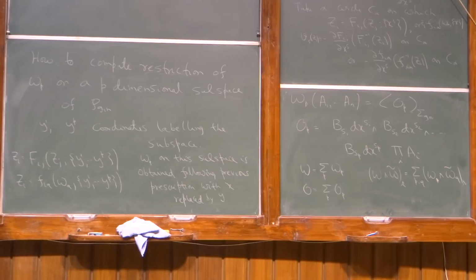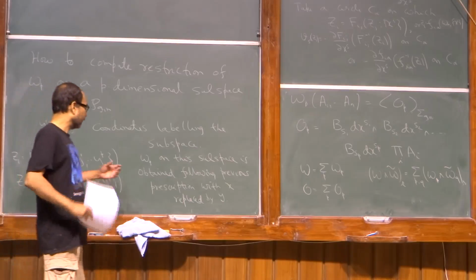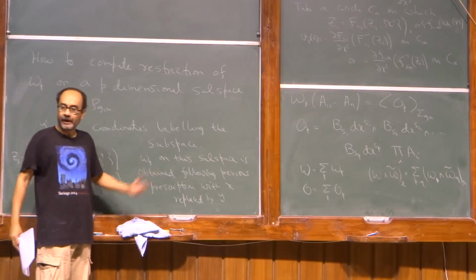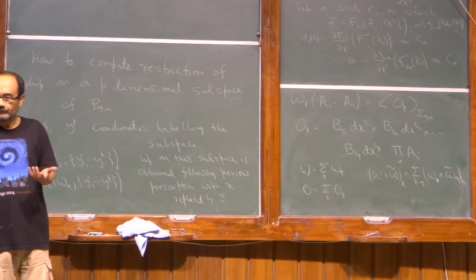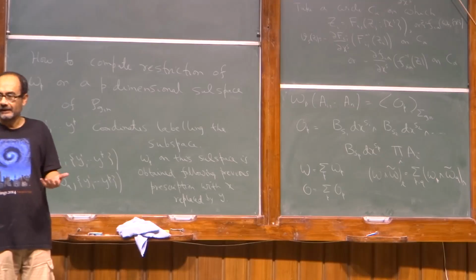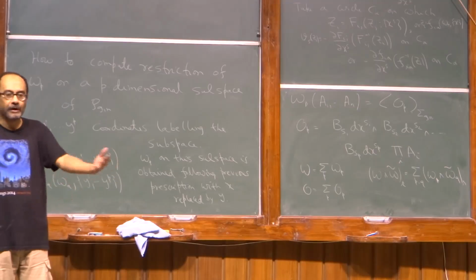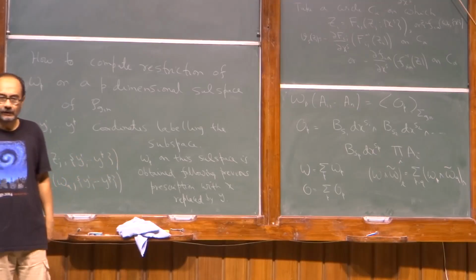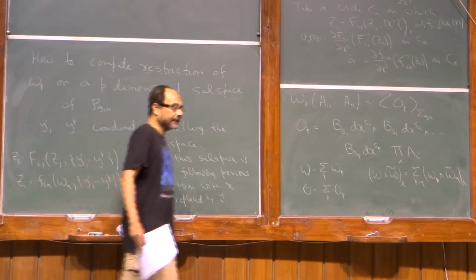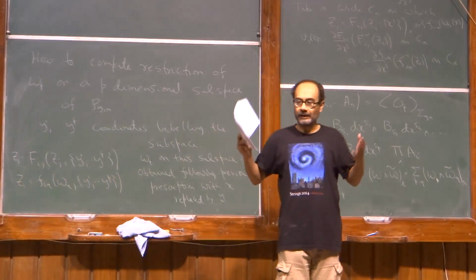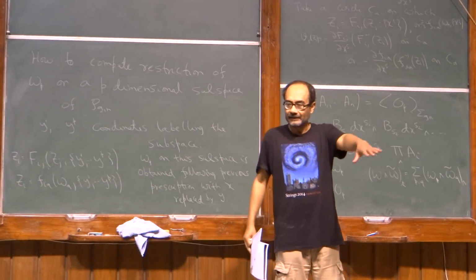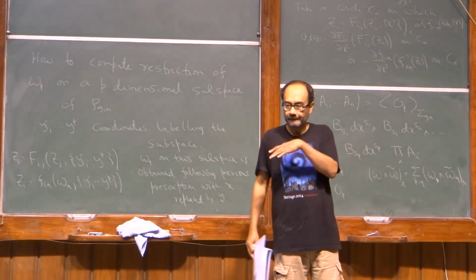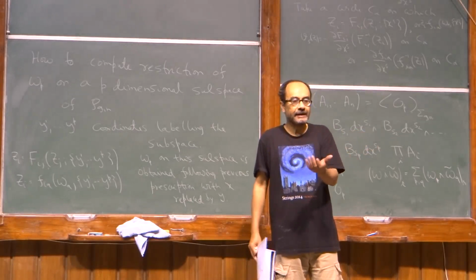So this tells you not only how to restrict omega p on this subspace, it tells you how to restrict all omega q's for q less than or equal to p, because we cannot have an omega q with q larger than p as there are only p coordinates. This is related to the fact that if you have a p form on this big manifold PGN, its restriction to a q dimensional subspace is 0 if q is less than p.